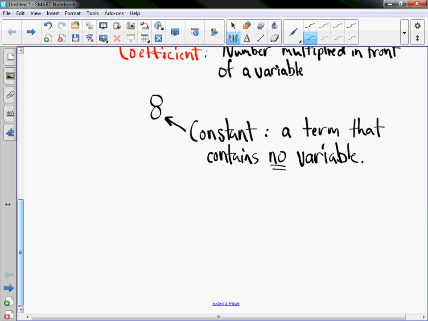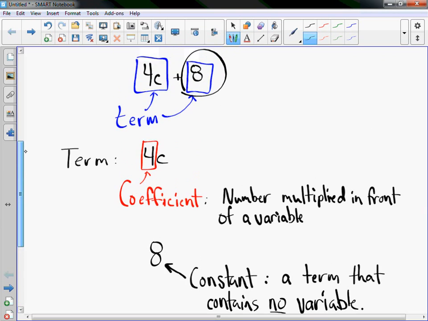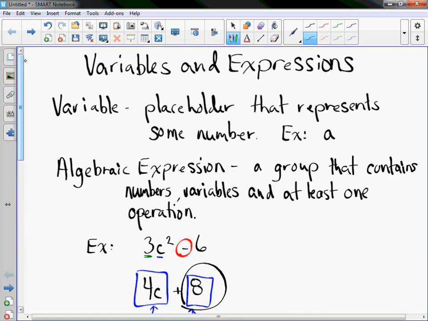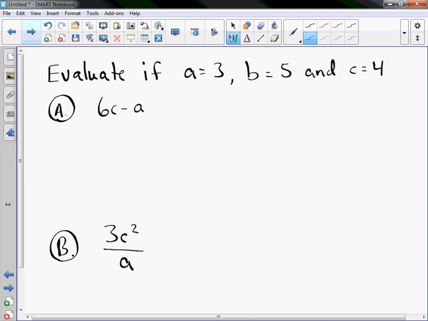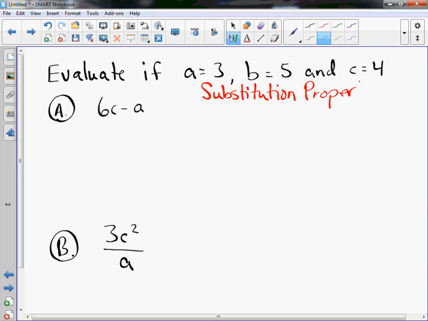Okay, to evaluate an expression, we're going to use a substitution property. Okay? So that substitution property says that if two things are equal, you can plug one in for the other in an expression.